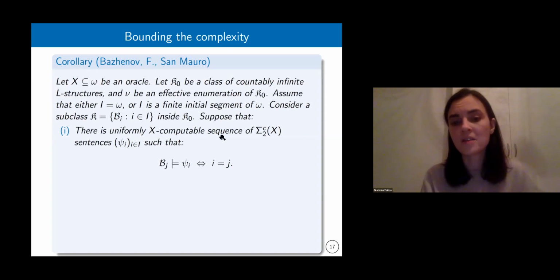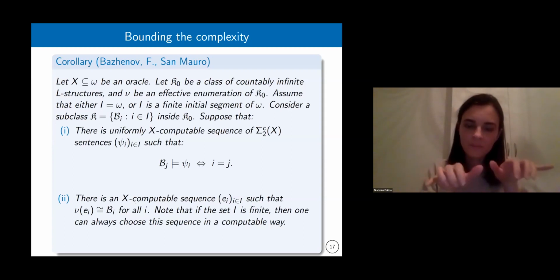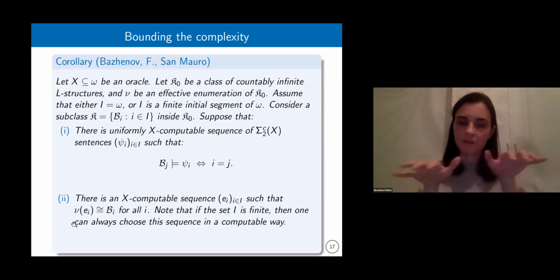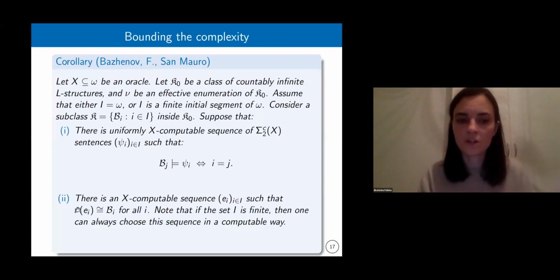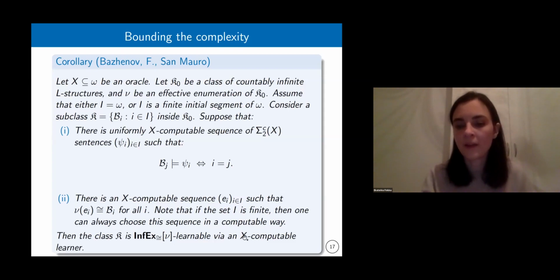There is a uniformly X-computable sequence of Σ2 sentences, computable with respect to the oracle X again, that identify those structures inside this class. And suppose also that we have an X-computable way to find indices of those structures that are isomorphic to Bi inside of this general enumeration nu of the superclass K0. Then the class K is learnable by an X-computable learner.